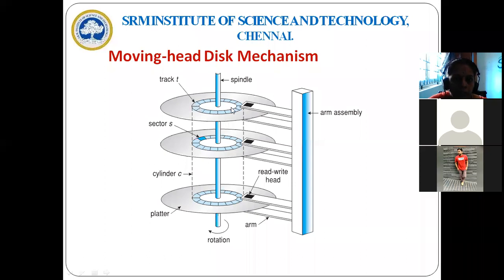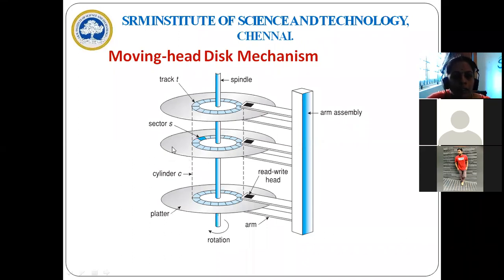So these circles here are called tracks, and each is further divided, no? Each partition is called a sector. First of all, we need to locate which track we are going to read or write, and then in that particular track we have to position the sector where we are going to start our read or write operation.